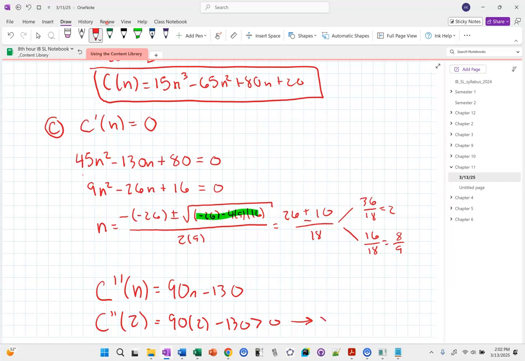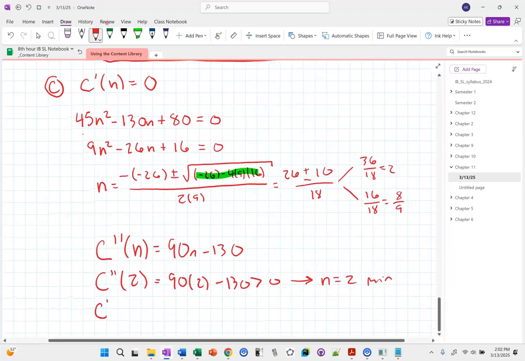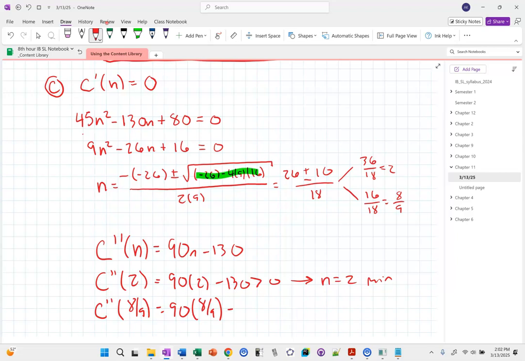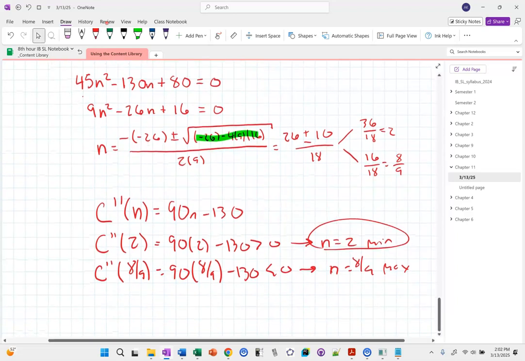That tells me that n equals 2 is a minimum. And if I take the second derivative evaluated at 8/9, I don't really care what the number is, that's going to be less than 0. So that tells me that one is a maximum. Everybody feels okay there?